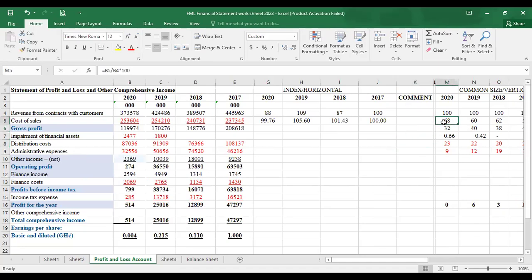In the common size, we said the cost of sales for 2020 was taking a bigger chunk of it. And then one of you was asking that we need to look into why that is happening, right? When you do the index analysis, you would see that in our scenario, the cost of sales is decreasing. So then this percentage shouldn't be so.